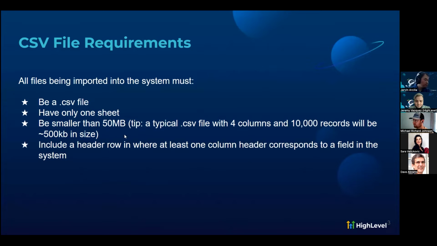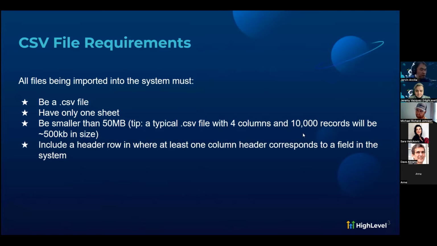So we have a few requirements here. It needs to be smaller than 50 megabytes. You would need to have only one sheet. So if you have multiple sheets in the CSV file, that wouldn't work. It would need to have only one sheet. So 50 MB is our typical CSV file limit when you're importing.